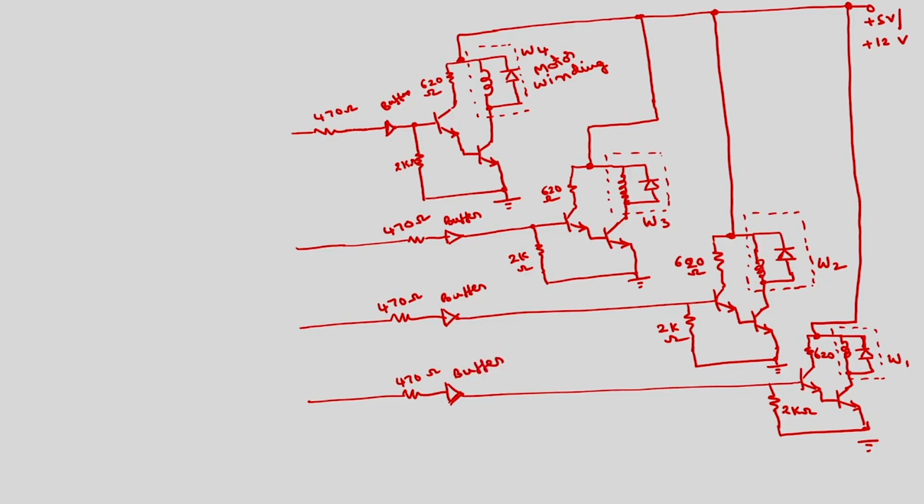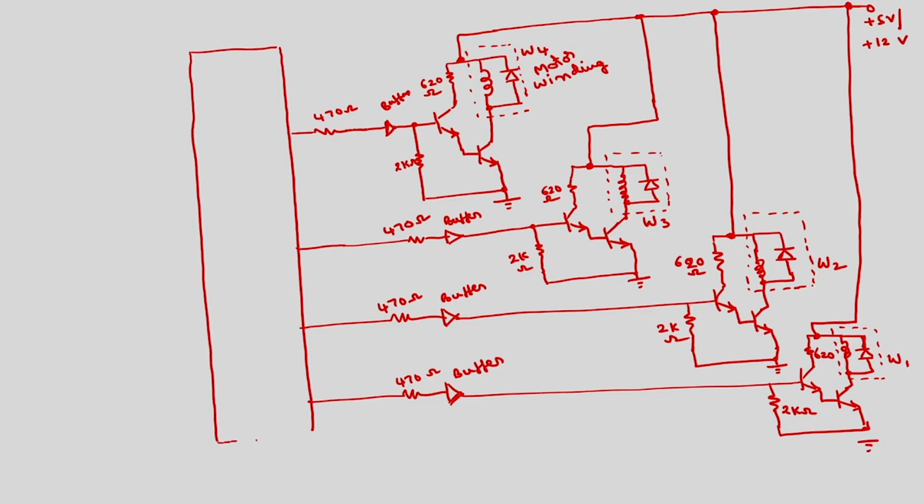I am going to connect this to one of the ports of the 8255. Only 4 pins of the 8255 are enough, so it is up to you. I am going to connect W1 to PA0, PA1, PA2, PA3.